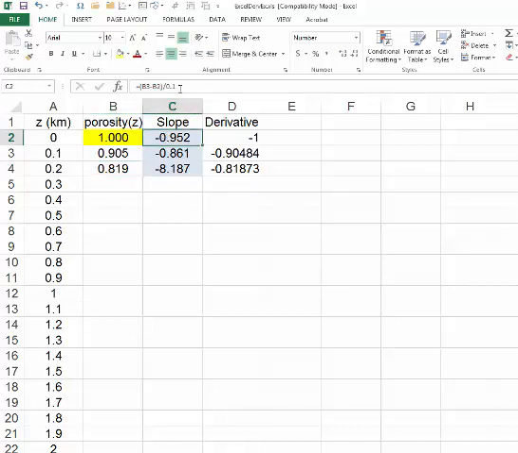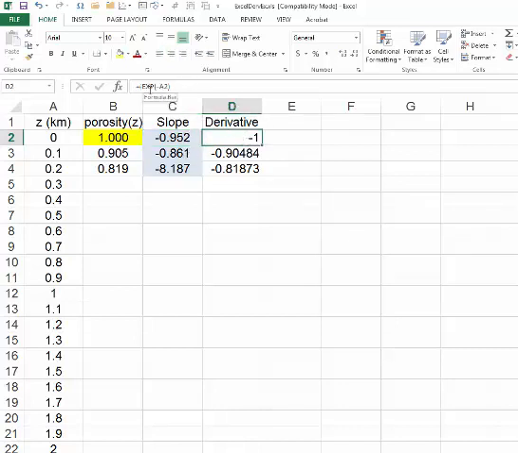The slope, having our initial value up here at 0, we're calculating our y2 minus y1, where our delta z would be 0.1, but we're calculating the difference in porosity between a y2 and a y1. You get that formula.